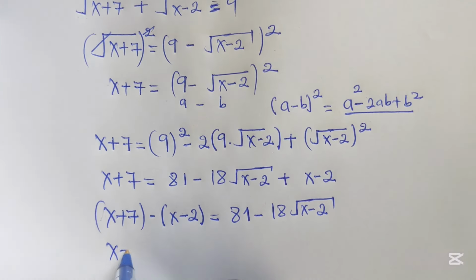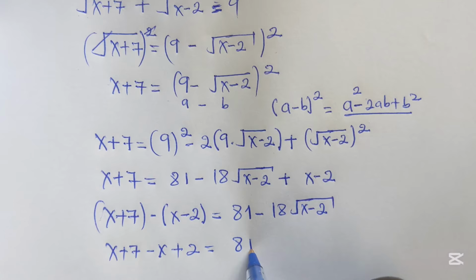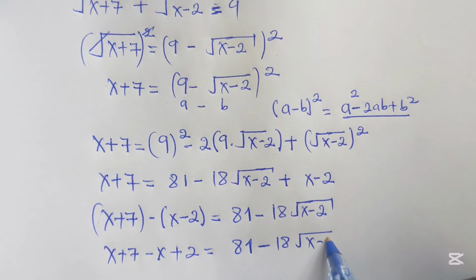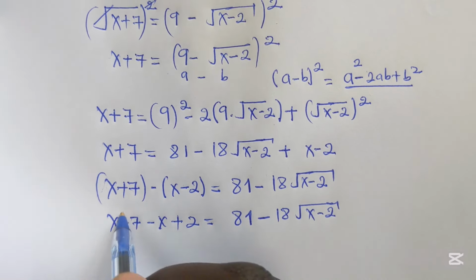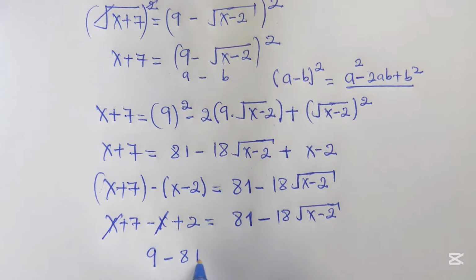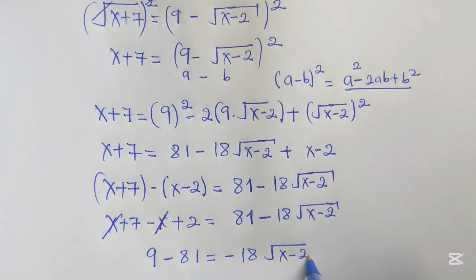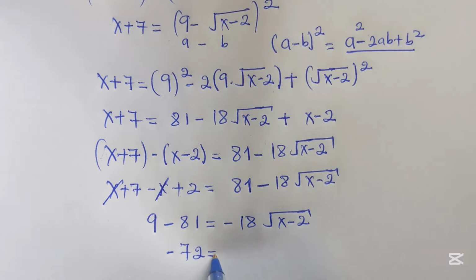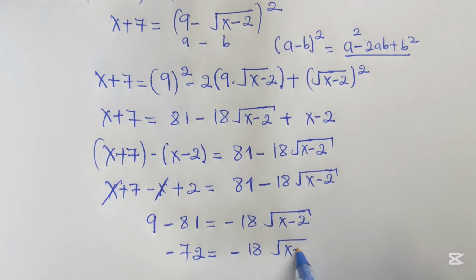After x plus 7 minus x plus 2, this and this cancel to get 9, then minus 81 equals negative 18 square root of x minus 2. After that, negative 72 equals negative 18 square root of x minus 2.